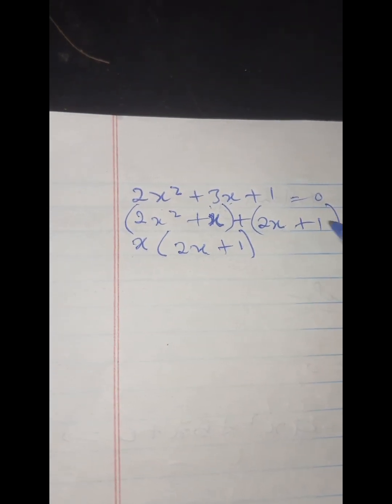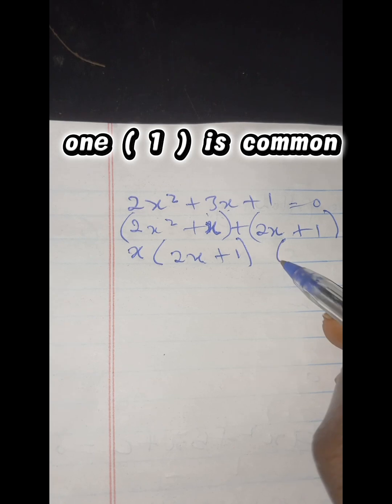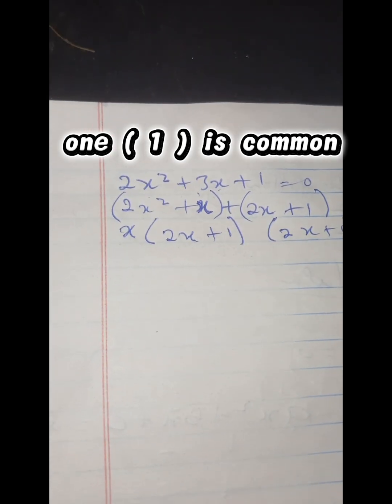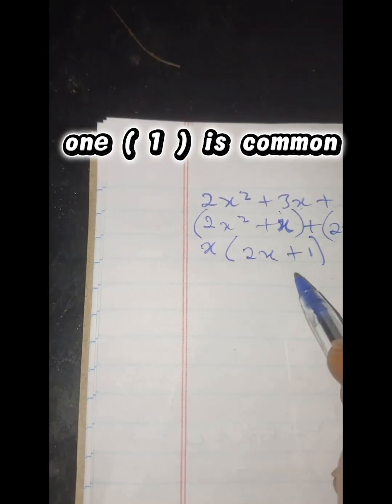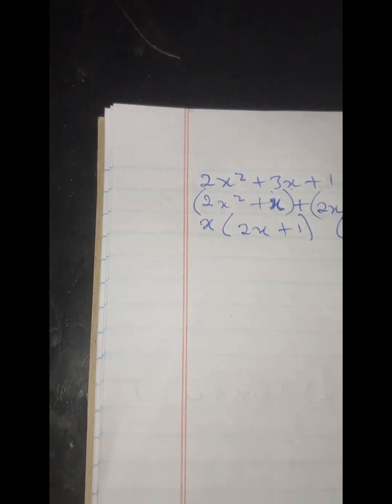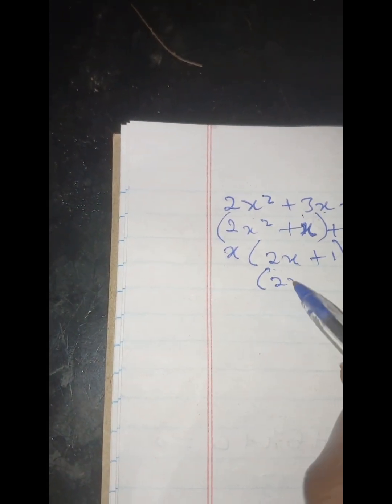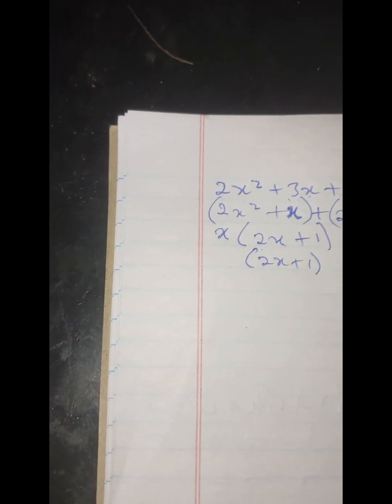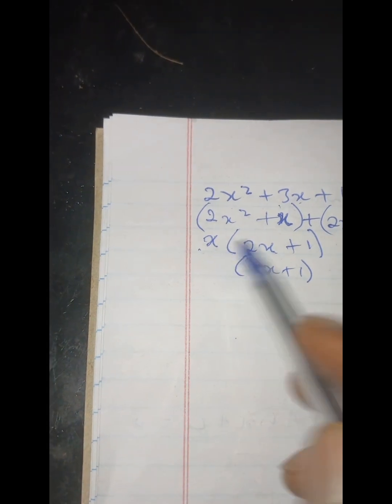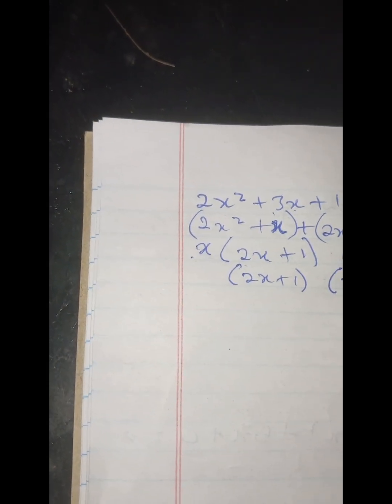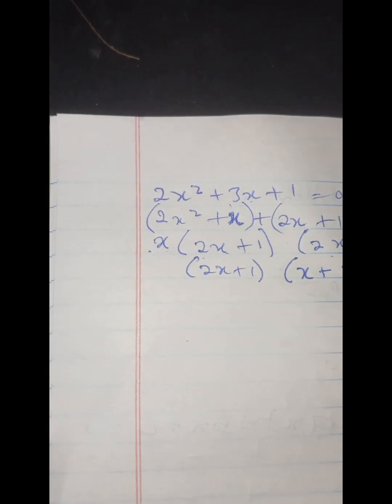Now what is common here? So we just write it there, 2x plus 1. If you look carefully, you see that the brackets are the same. So let's write one of them, 2x plus 1. Then let's write what is in front of the brackets. We have x plus 1.